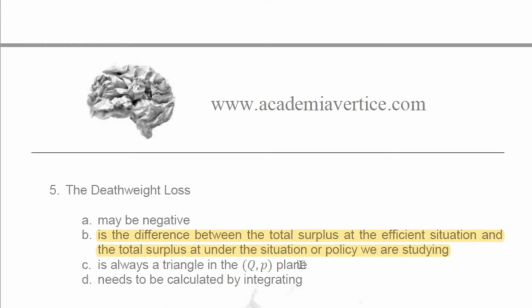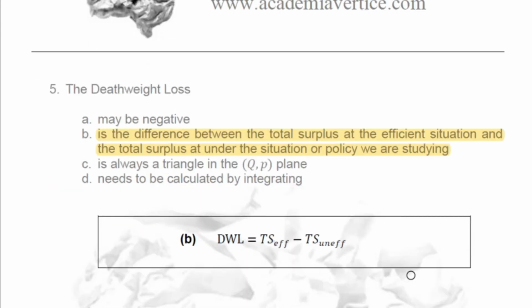Is it always a triangle? Of course not. We have seen many policies where the deadweight loss is not a triangle. Okay, needs to be calculated by integrating? No, if demand and supplies are straight lines, we usually calculate it as a triangle.